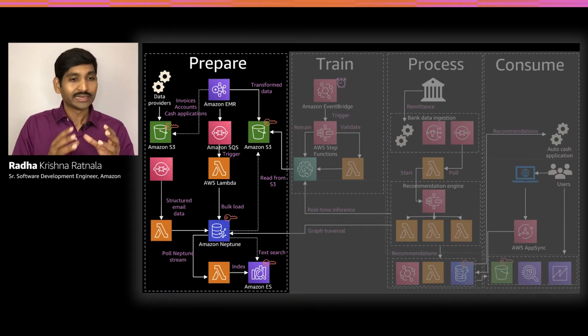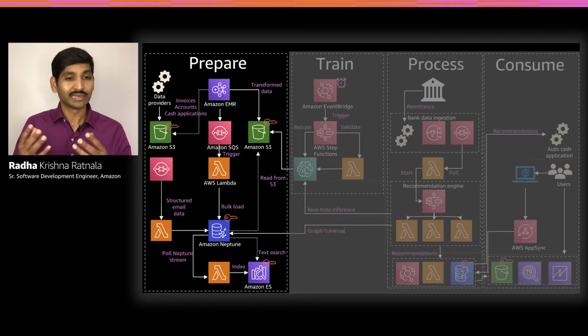We also store data in Amazon Elasticsearch, like customer name, invoice number, and other information. Sometimes banks send us partial information because there are multiple stakeholders involved, as Lakshman has mentioned. Some of the invoice information may be lost or truncated.